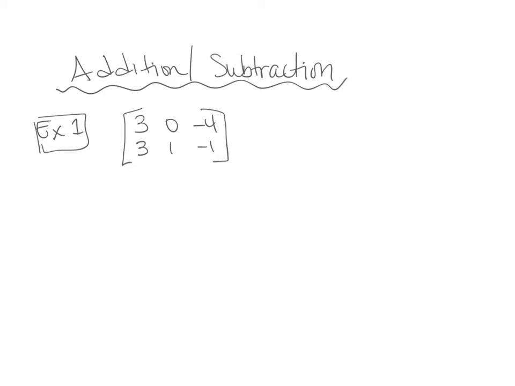Matrices are named by their order, which is the size of the matrix, and it always goes rows by columns. We have 2 rows, and columns go up and down, and we have 3 columns. So this is a 2 by 3 matrix.